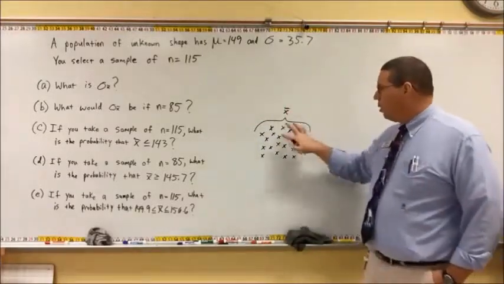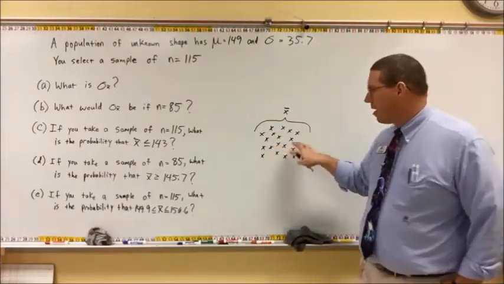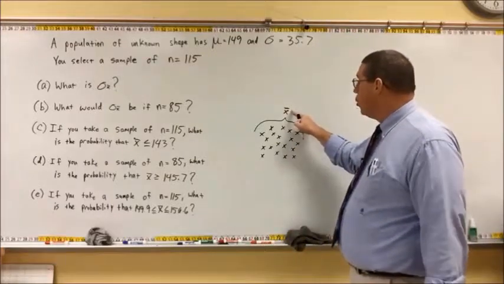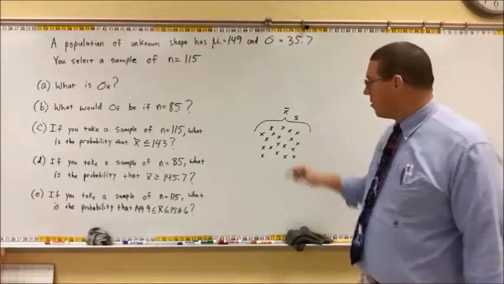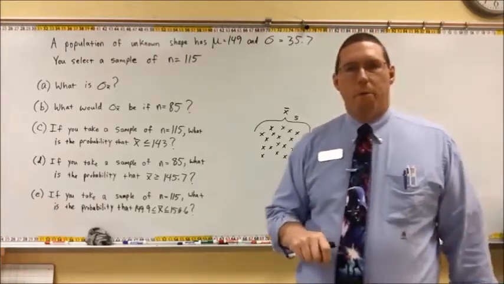So you have this group of observations, a sample that you took from the population, and you have the mean. You also have the standard deviation of all those numbers. This is the sample standard deviation, and you have the sample mean.